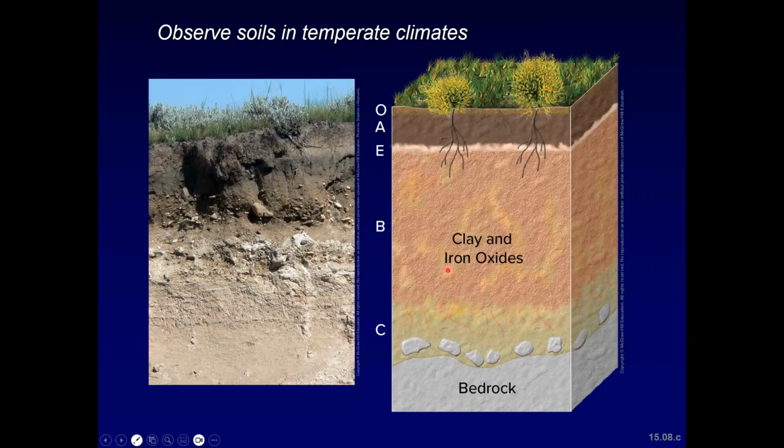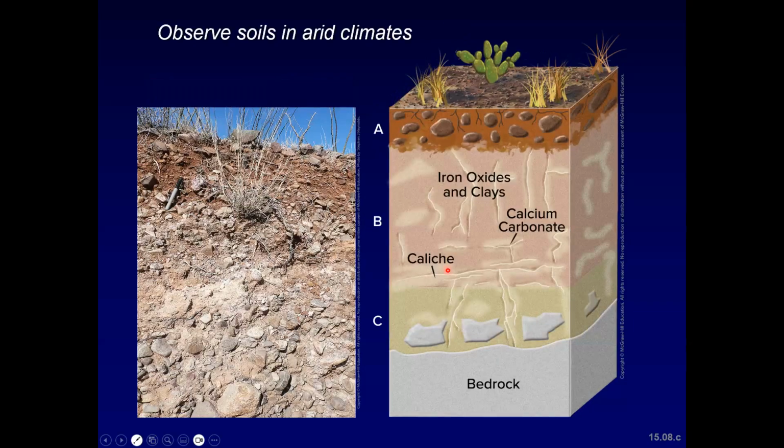And in temperate conditions, that's cooler with less rainfall, we're going to see grasslands, forests, and farms. There's enough moisture to leach soluble material out of soil, right? And then in arid climates, those are dry, generally hot.